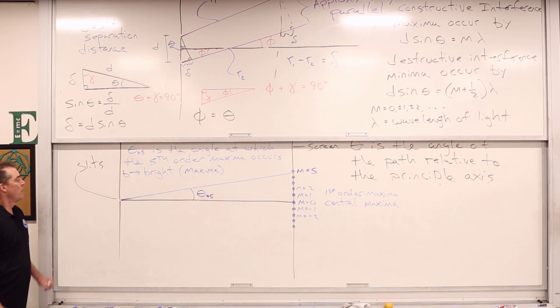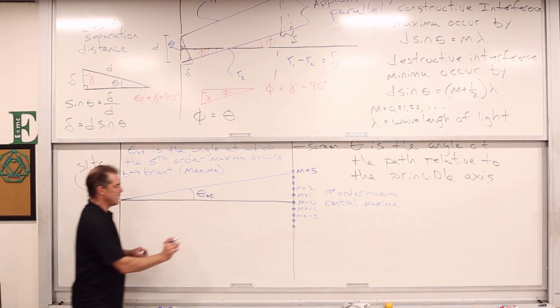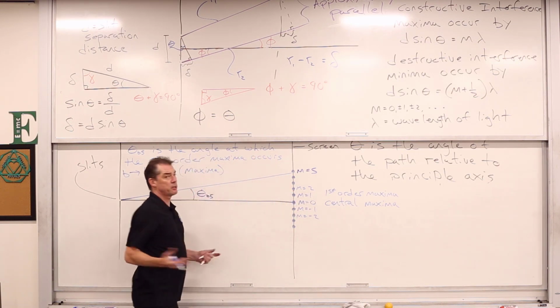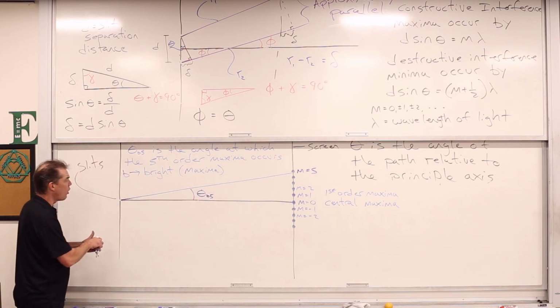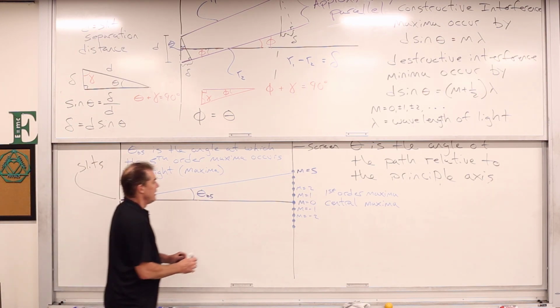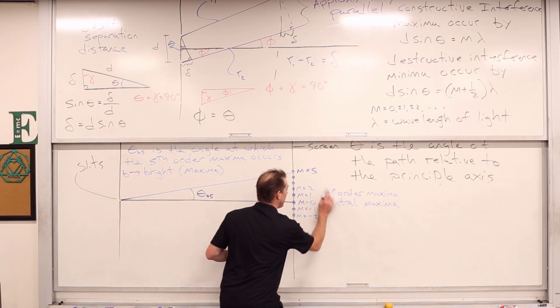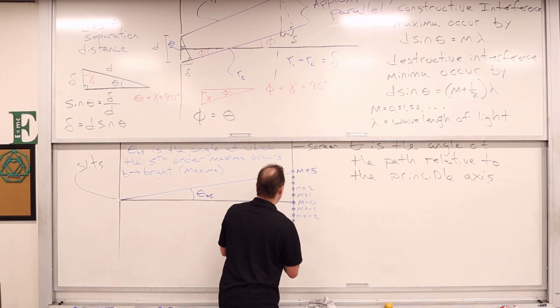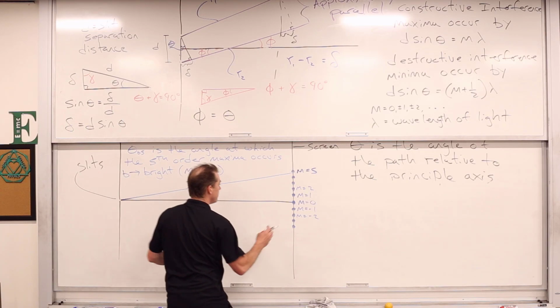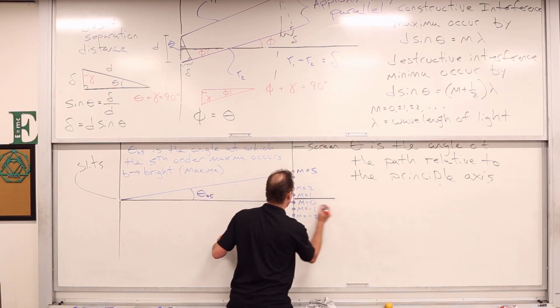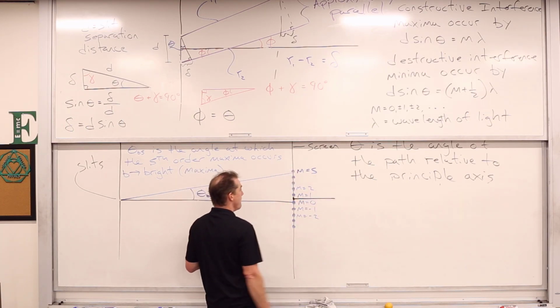Well, likewise, we've also got these spaces in between. The spaces in between are dark spots. Those are minima. So we can also look at that. Right here, I'm going to go ahead and erase this a little bit. We've got this, and I want to use black in this case. So right here, we've got this minima.